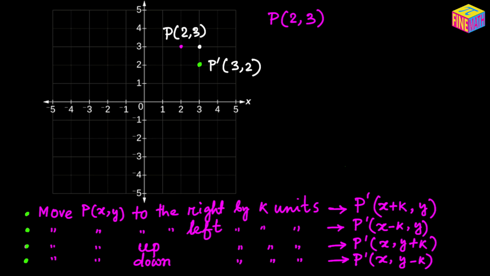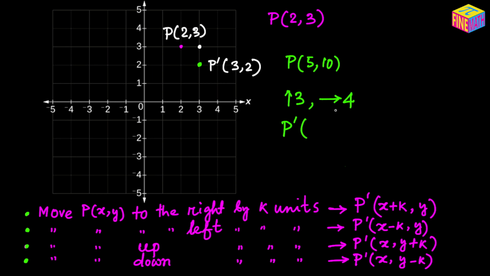Now let's take an example. Suppose we have a point at location, let's say I'm taking this one example right here. I'm writing in green color. So our example is, let's say we have a point at location 5, 10, and we are moving it up by 3 units, and then we are moving to the right by 4 units. So we move it up by 3 units, and then we move it to the right by 4 units. So what would be the coordinate of the new location? If we say that would be P prime, then what would be the x coordinate?